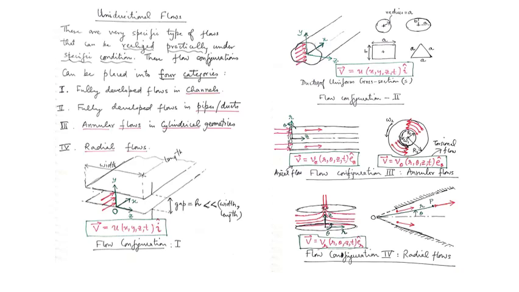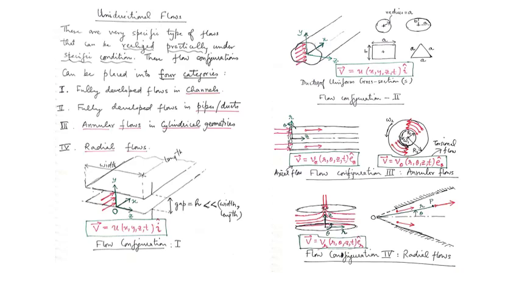These are very specific types of flows that can be realized practically under specific conditions. So when I said that these have some technical or practical importance in engineering, it is because of the fact that you can realize them practically. That means you can recreate these unidirectional flows, or achieve them in laboratories.